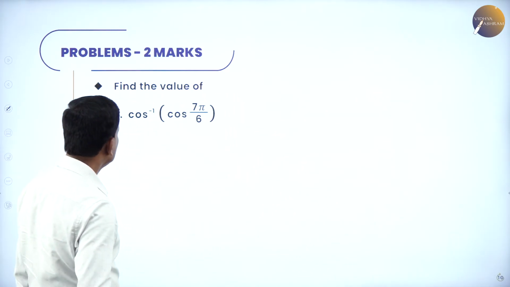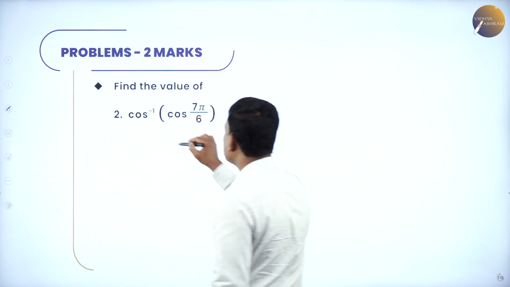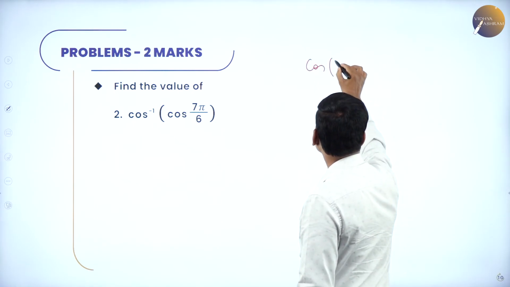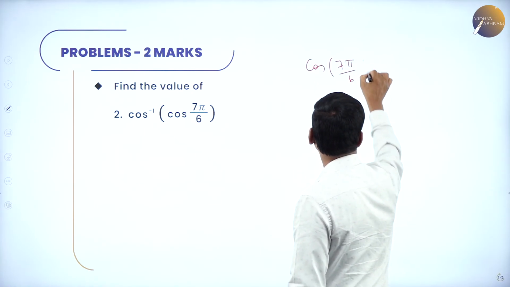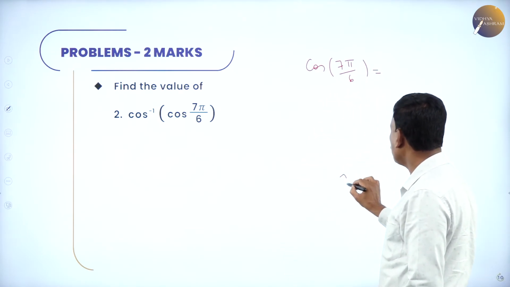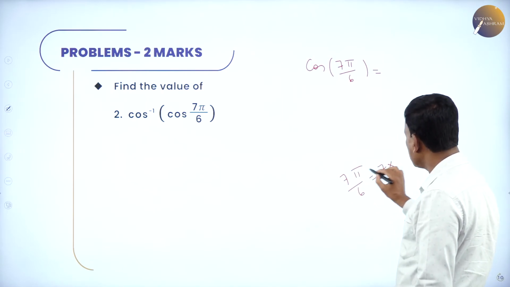What is the problem? Cos inverse of cos 7 pi by 6. Let us consider this cos 7 pi by 6 first. Pi by 6 is 30 degrees, so 7 into 30 is 210 degrees.